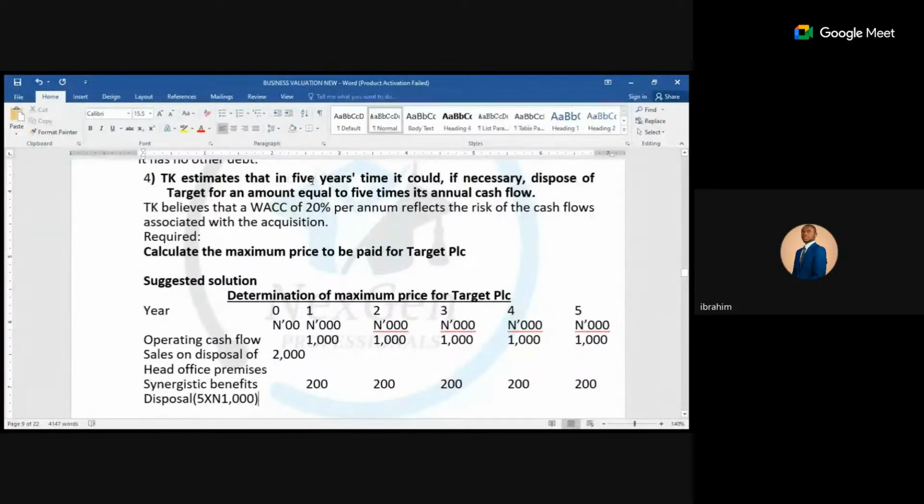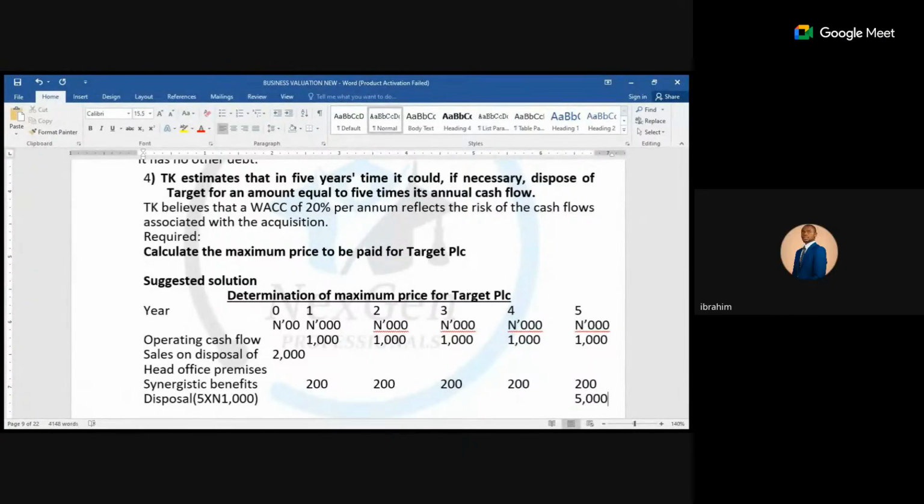That in 5 years' time, if necessary, we dispose of the target for an amount equal to 5 times that, in 5 years' time. That is 5,000, right? Class, are we still together? Yes, sir.